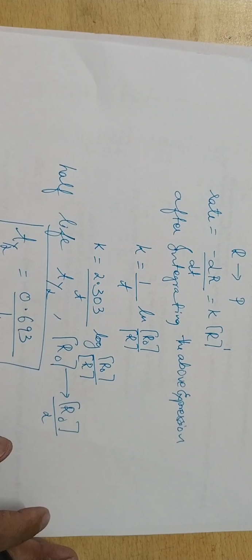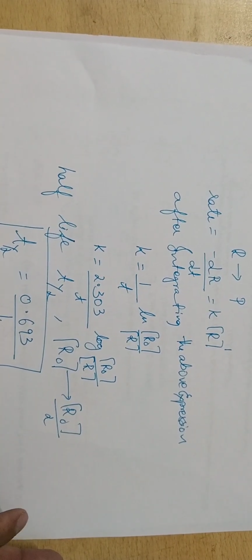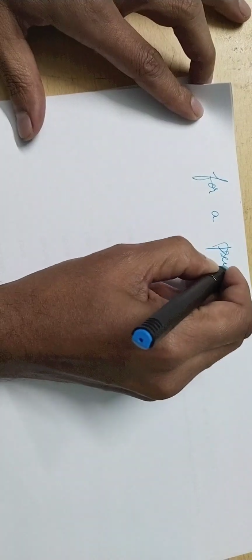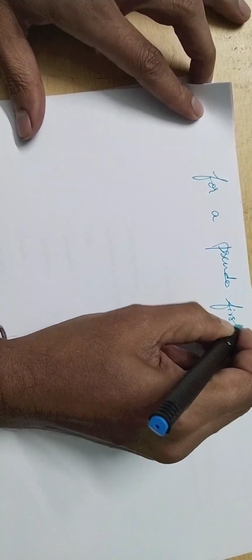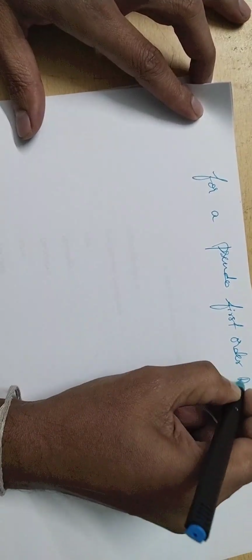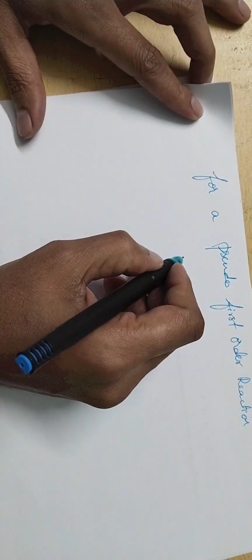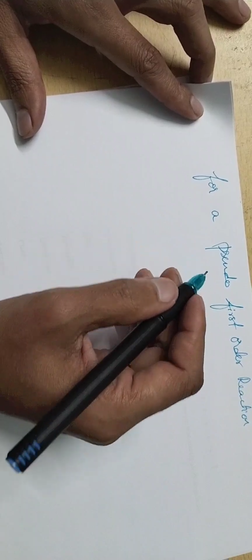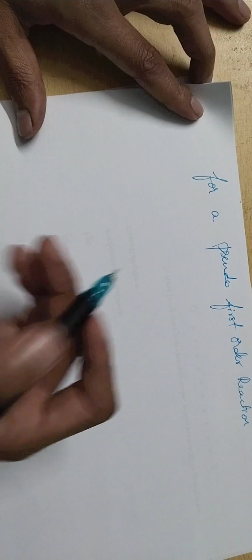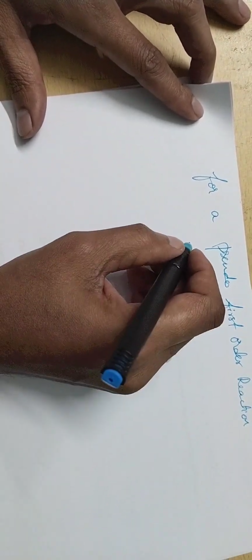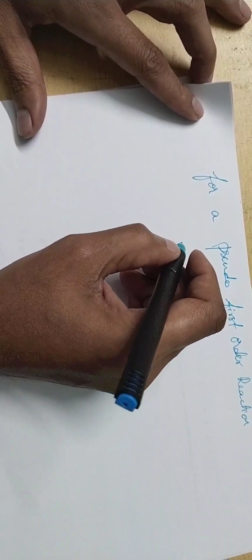For a pseudo first order reaction, the reaction rate is dependent only on one of the reactants, and the dependency is of first order.